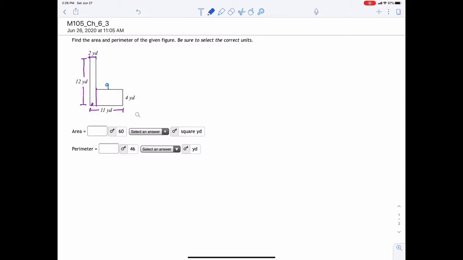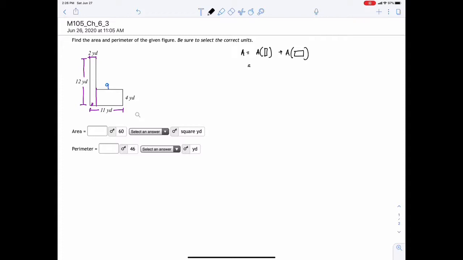So when I want to do the area, because I'll want to do the area first, the area will be the area of the long rectangle plus the area of this rectangle here, the wider one.